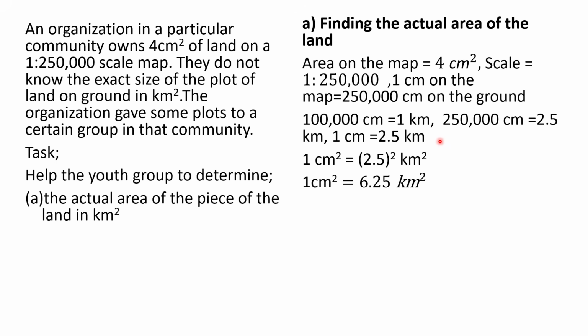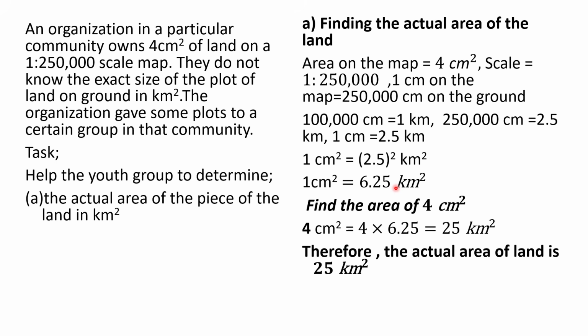But remember, 1 centimeter is 2.5 kilometers. So 1 square centimeter is equal to 1 centimeter squared, which is 2.5 kilometers squared, giving me a final result of 6.25 square kilometers. It means that 1 square centimeter is equal to 6.25 square kilometers.